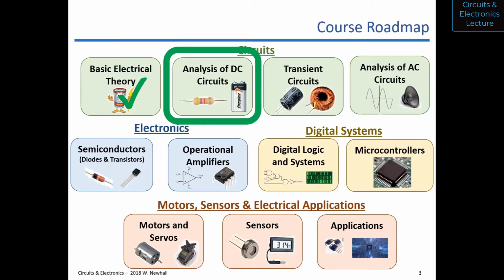Let's talk about the exam, but first I want to look at the roadmap. So the roadmap of the course is up on the screen. We have covered basic electrical theory, right? This is a volt, this is an amp, this is a watt. And then we looked at analysis of DC circuits, voltage division, current division, Ohm's law, KVL, KCL, node voltage analysis.